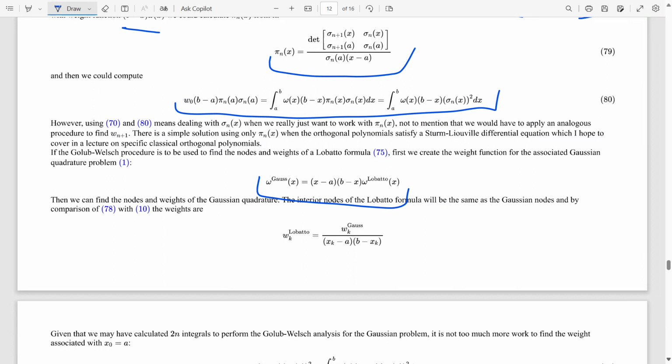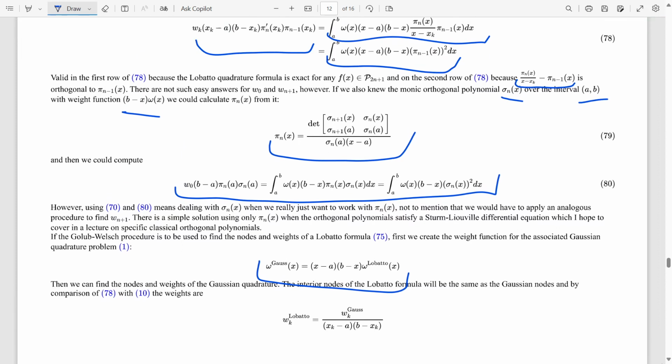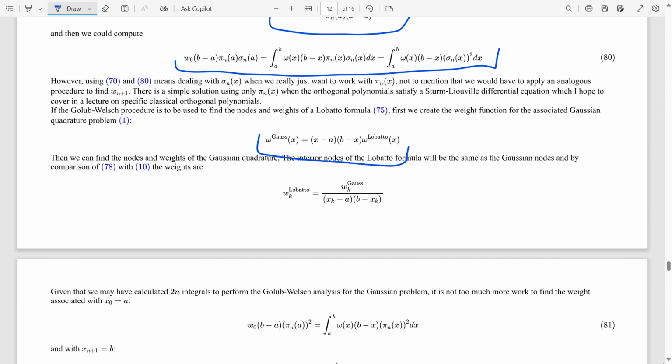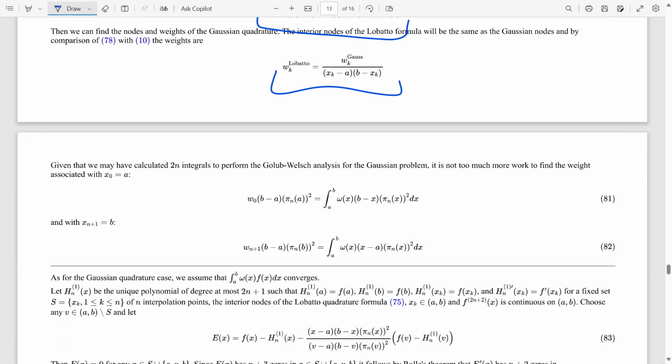The Gaussian nodes now are the interior nodes of the Lobatto formula, and in comparing equations 78 for the Lobatto formula and 10 for the Gaussian formula, we see that the Lobatto weights will be this. That's the interior weights. It takes one more integral to find W naught and another integral to find Wn plus 1. The error of a Lobatto formula can be determined analogously to that of the Gaussian formula, so we skip it in the video.